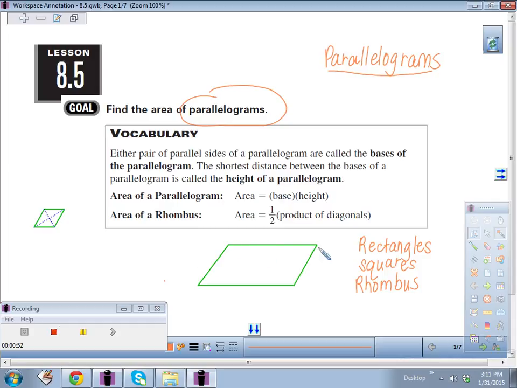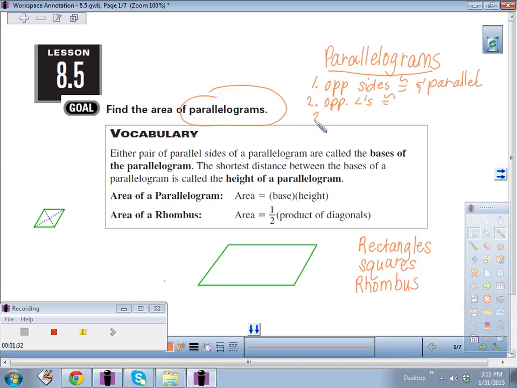Anytime you have a parallelogram, and again, thinking back to those four properties we know about: opposite sides are congruent and parallel. That was the first property. We had a few properties about the angles. We had opposite angles are congruent.